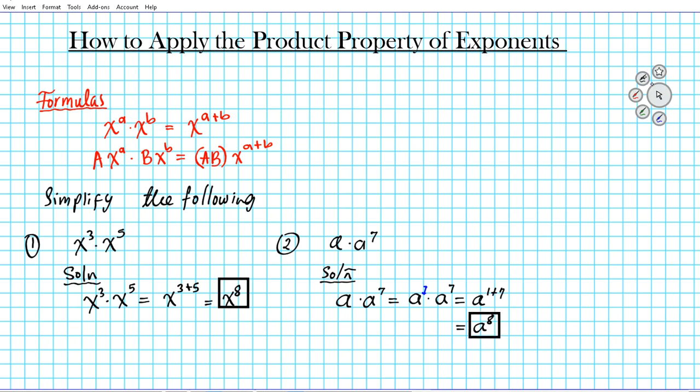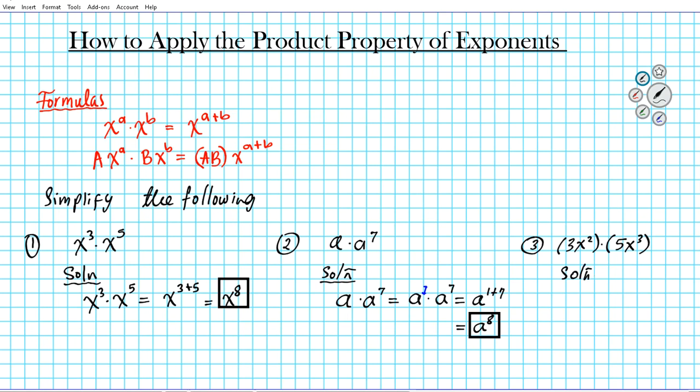All right, let's take a look at question 3. So for question 3, what if we're to find the quantity 3x squared times the quantity 5x raised to the third power? Okay, what if we were to do that?